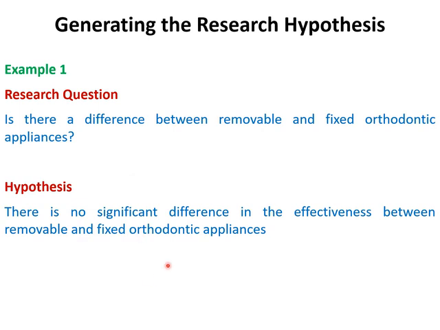So this is a null hypothesis, which states that there is no significant difference between the two groups. In the study, we will find out if there is really no difference or if there is a difference. So we either accept this null hypothesis or we reject it later.